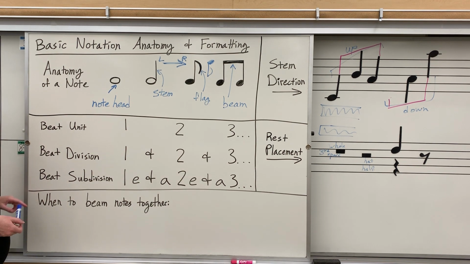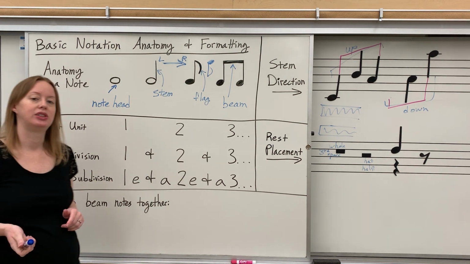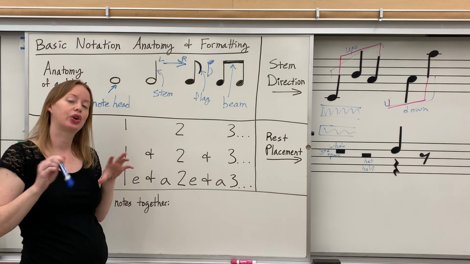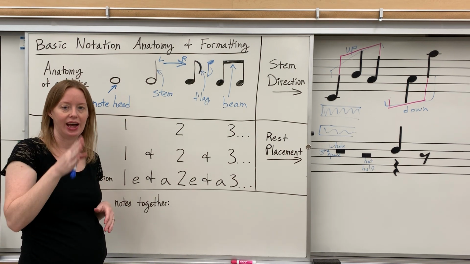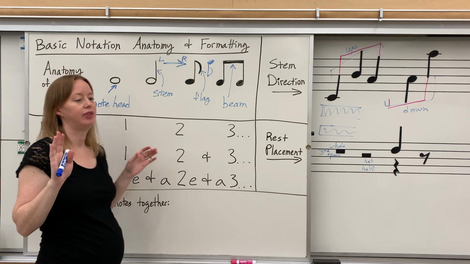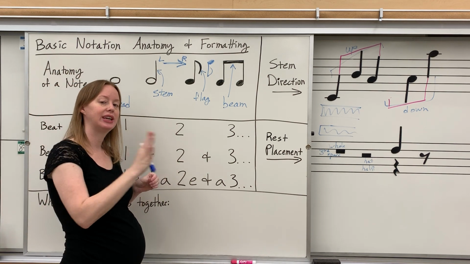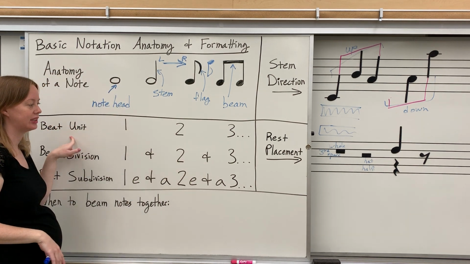When to beam notes together. This is really important. You have to beam them in the correct groupings so that the eyes have a very quick, generalized sense of where your beat units are.